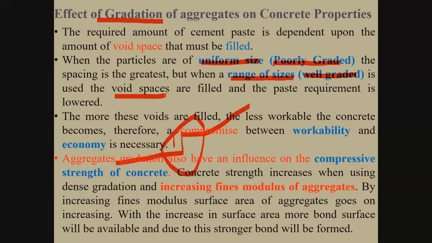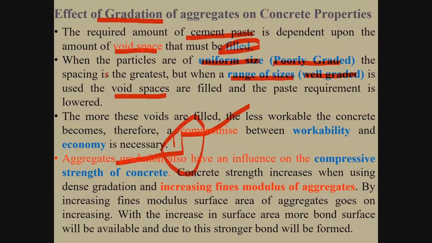Well graded aggregates will be having less white spaces, and poorly graded aggregates will be having more white spaces. If the white spaces are more, then it means more paste will be needed to fill these voids.